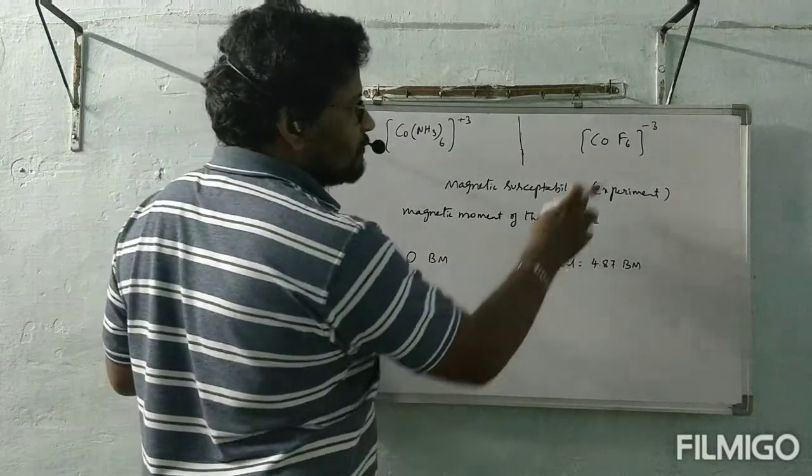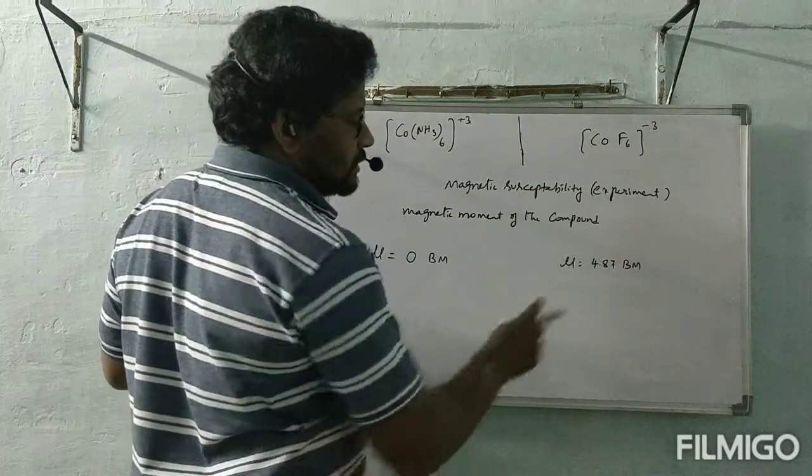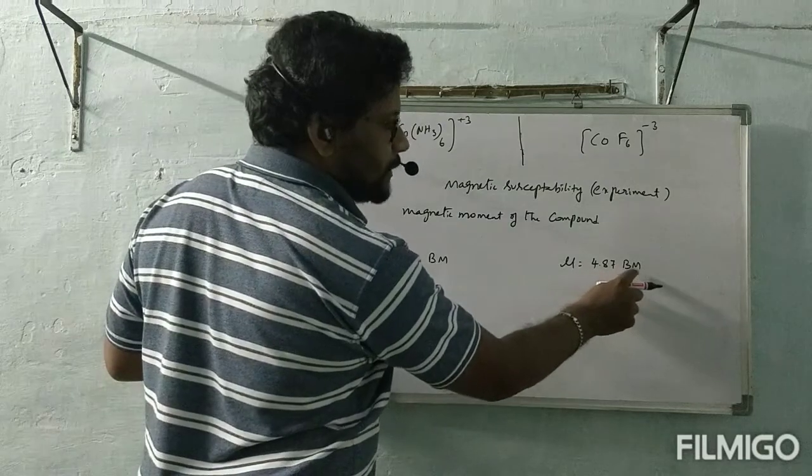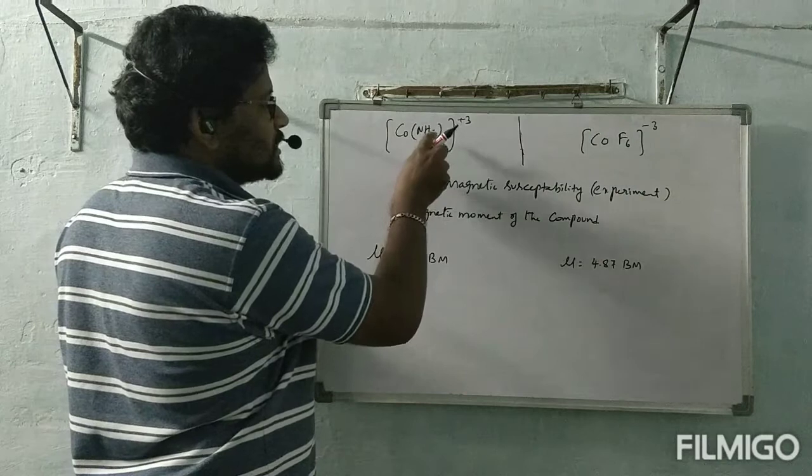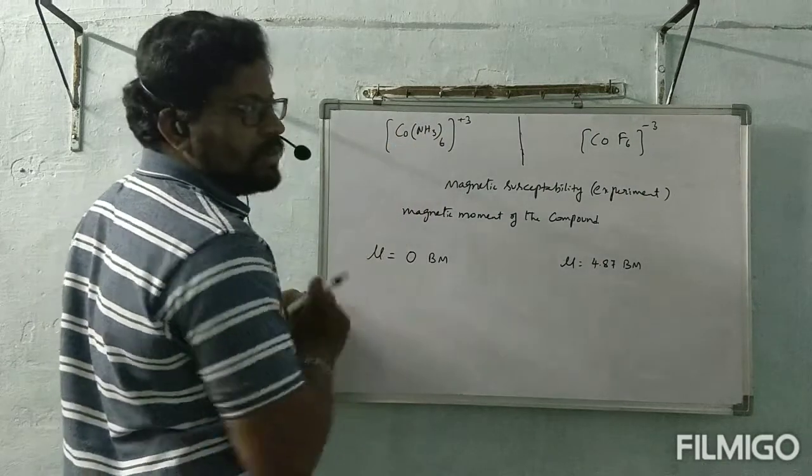What is the mu value for [CoF6]3-? That is 4.87 Bm. What is the mu value for [Co(NH3)6]3+? That is 0 Bm.